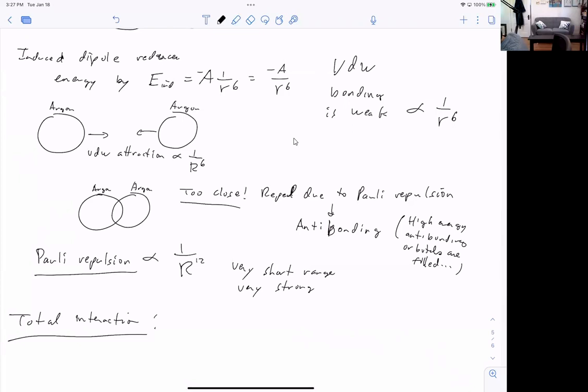I can say that the total interaction between atom 1 and atom 2, U for energy, as a function of distance between the two atoms, is going to be minus A over r to the 6th plus B over r to the 12th, where A and B are positive constants. This is the attractive van der Waals, and this is the repulsive Pauli.